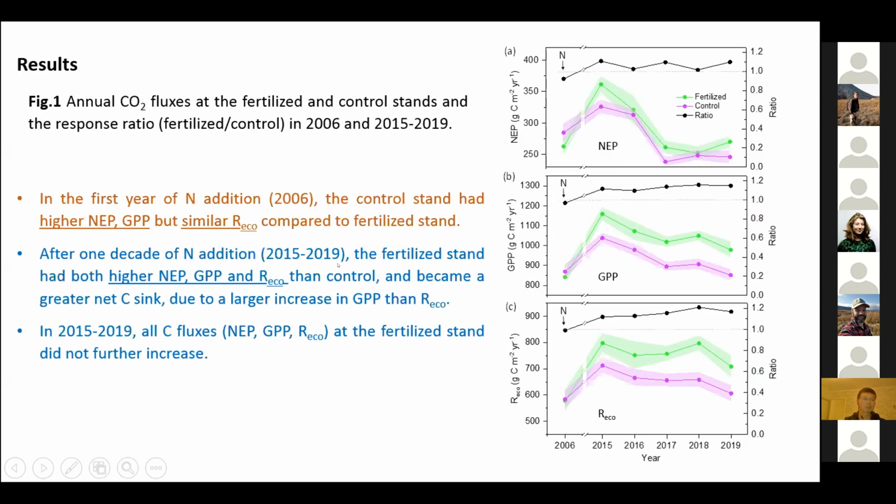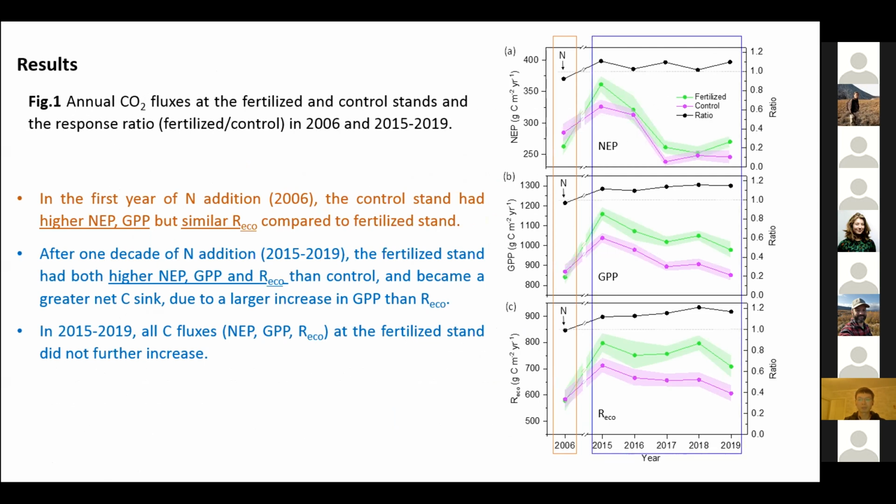Okay, some results. This figure represents the annual CO2 fluxes at the fertilized and the control stand in 2006 and from 15 to 19, and also the response ratio between the two stands. First, we can see that in 2006, the control stand had higher NEP, higher GPP, but similar respiration compared to the fertilized stand.